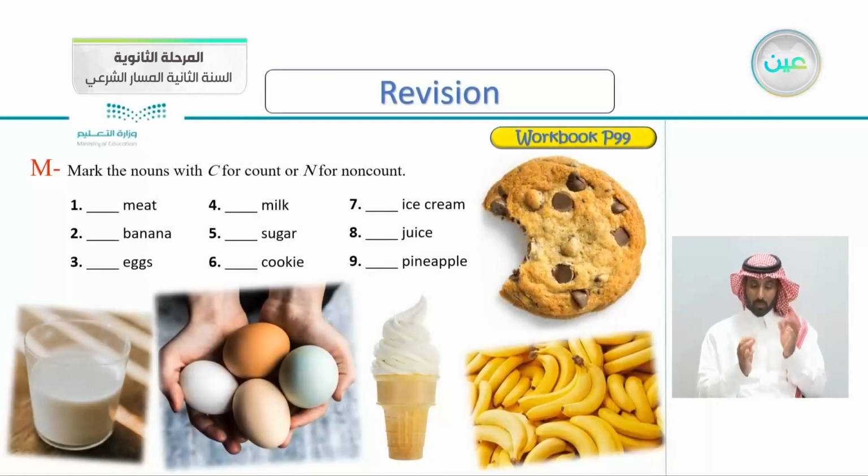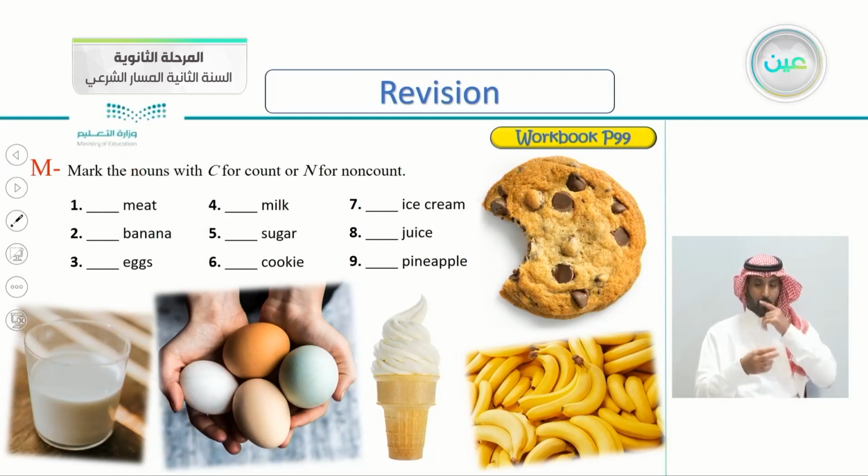But before we do that, let's open our workbooks on page 99. Of course, you can see these pictures here. What do you see here? Yes, this is a picture of a glass of milk. This is a picture of eggs, ice cream, bananas, and a cookie.